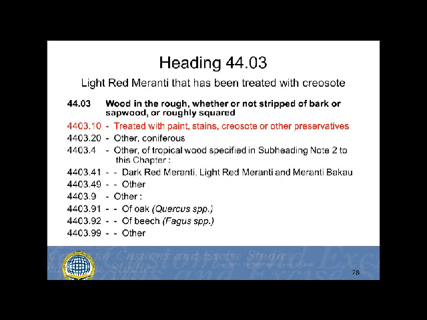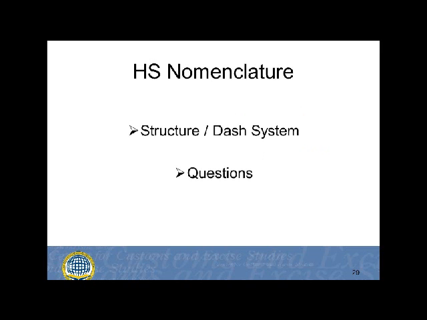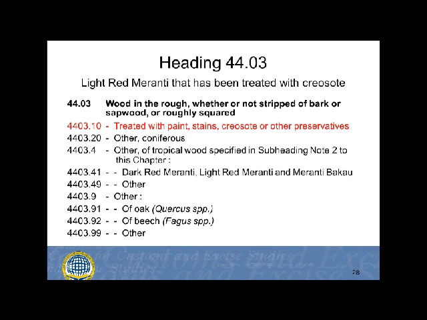In this instance, tropical woods that are not classified within subheading 440310. However, subheading 440310 covers any wood that is treated with creosote. The goods are therefore classified within 440310, and there is no need to consider any other subheading.